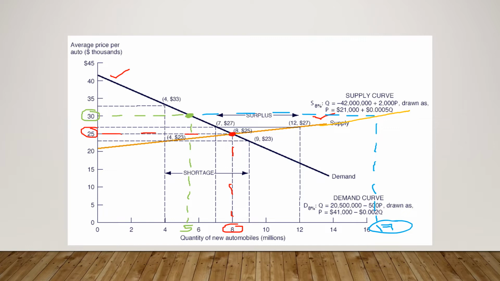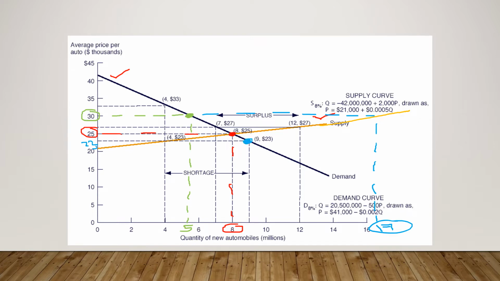What about if we drop the price to around, let's say 22? Probably 22, or let's say that's 23. At this price, see here, see this one?